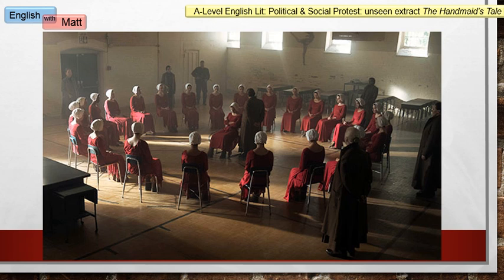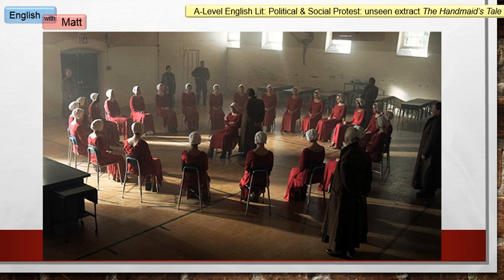And you can see that the handmaids are in their red gowns, which was the standard, and also their white hats and bonnets, which again is significant because that's what they wear. And you can see Janine there, sat in the middle of the circle, sat next to Aunt Lydia, who is the kind of teacher figure.